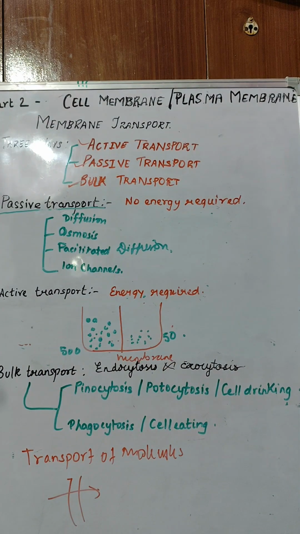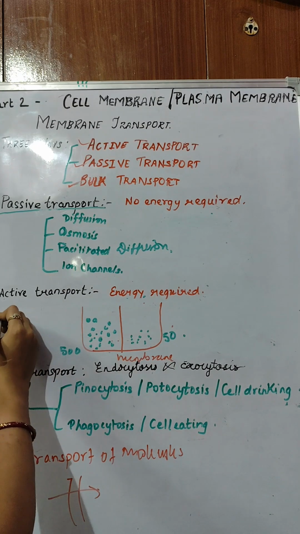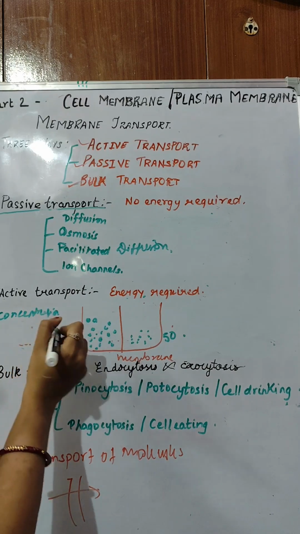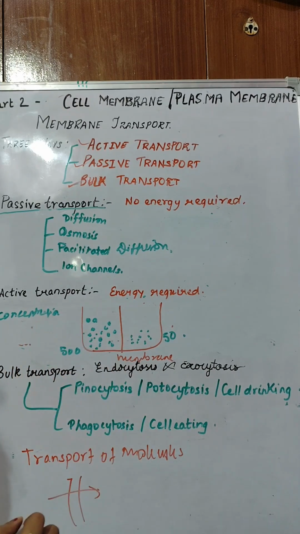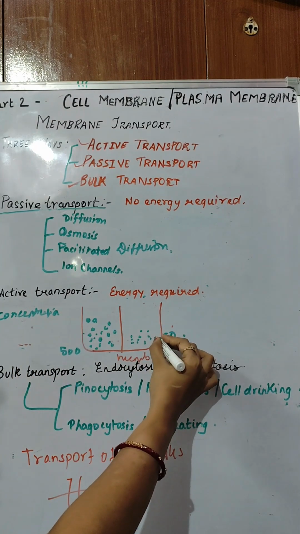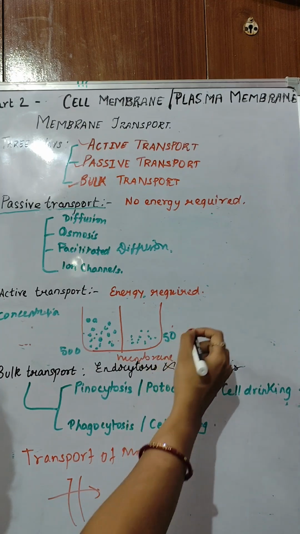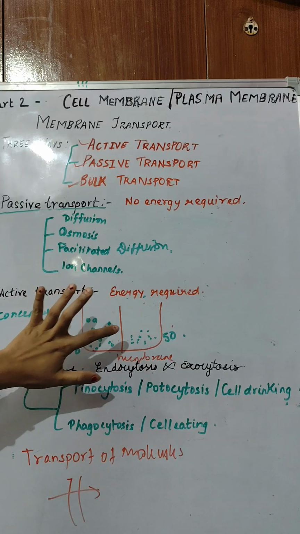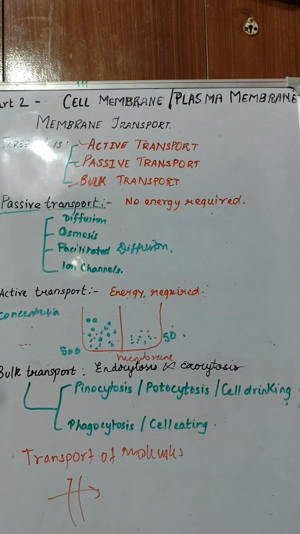Here the word concentration means amount. The amount over here is higher and the amount of the molecule here is lower, so it is at higher concentration over here and lower concentration over here.